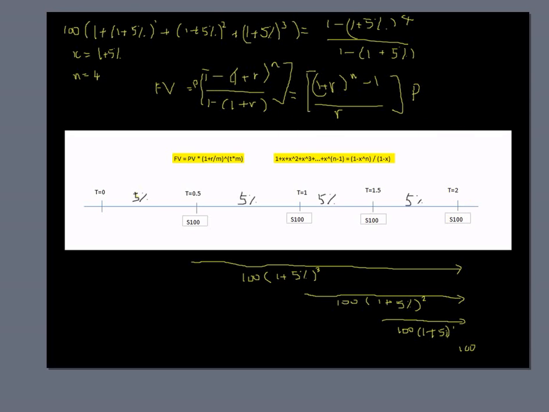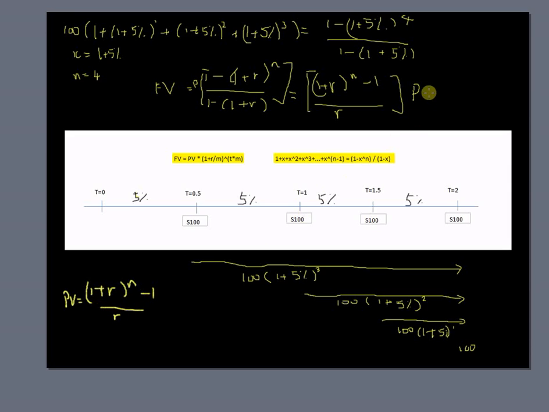And yeah, so you may be asked, what is the present value of this whole cash flow? Again, you can easily use this formula by discounting the whole future value to the present value. Okay, so quickly using this formula again, present value will be 1 plus r to the power of n minus 1 over r.